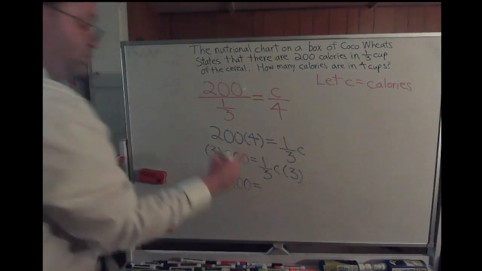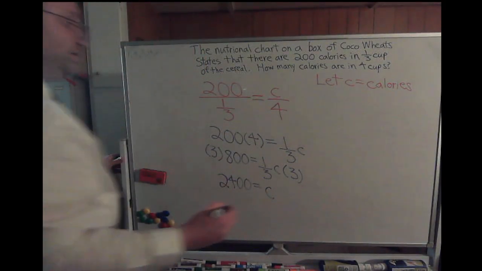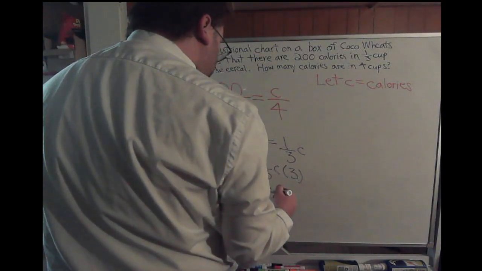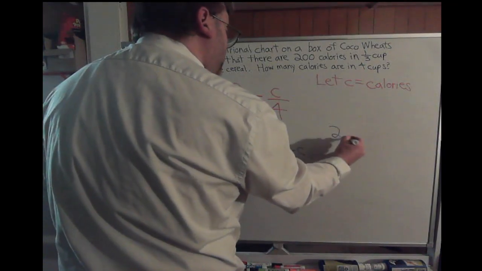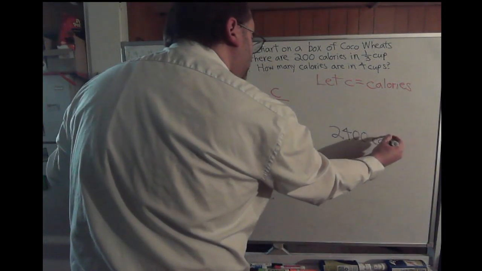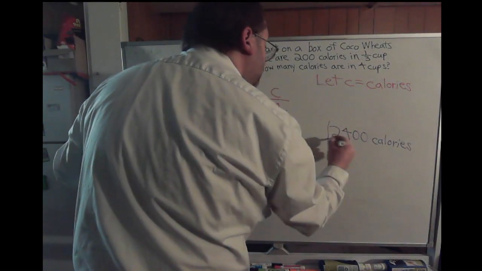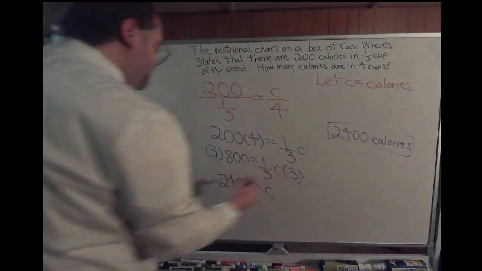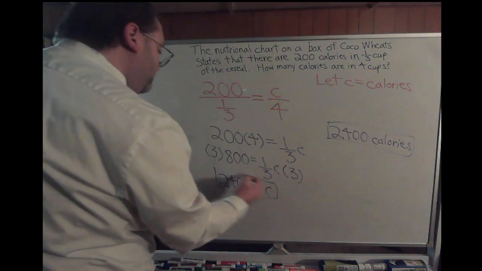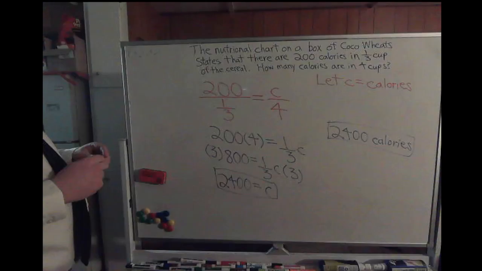And then 1/3 C times 3, that's just C. So you'll have 2400 calories. You'll get the value of C equaling 2400, which means there's 2400 calories in 4 cups.